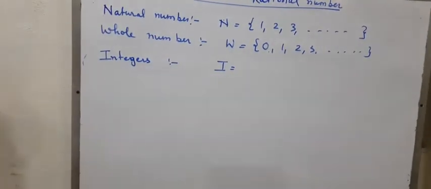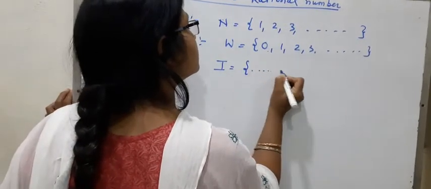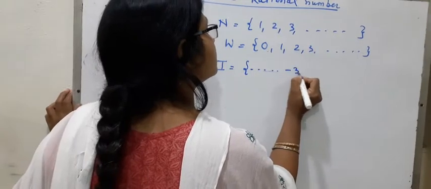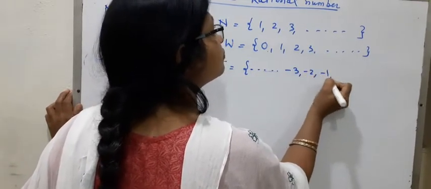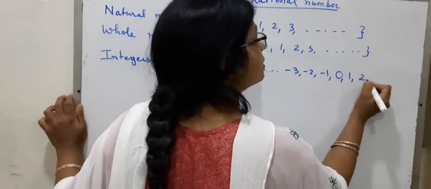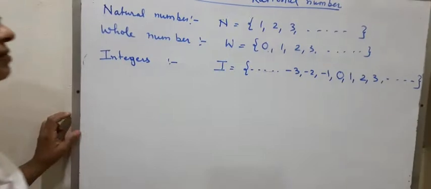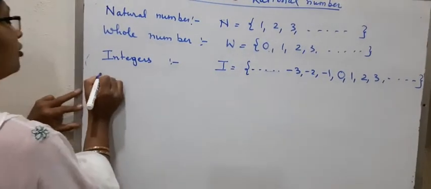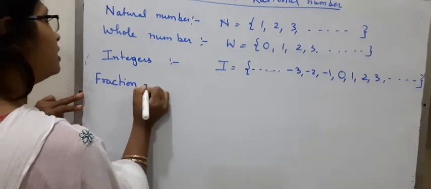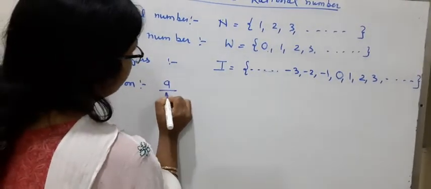All negative numbers, -3, -2, -1, 0, and all positive numbers are integers. Then fractions. Any number we represent as a fraction a upon b.